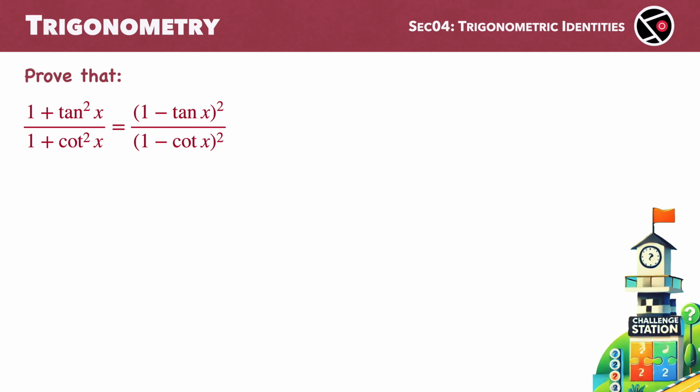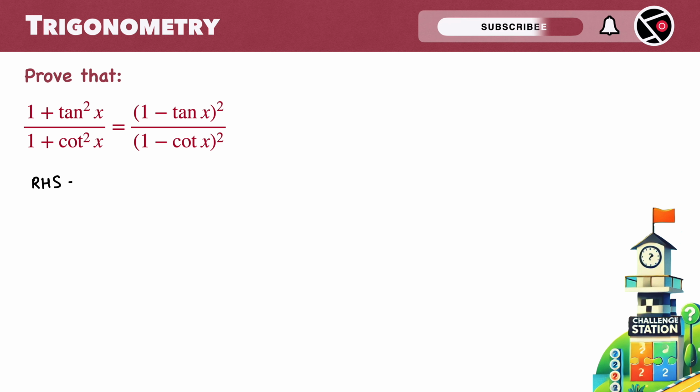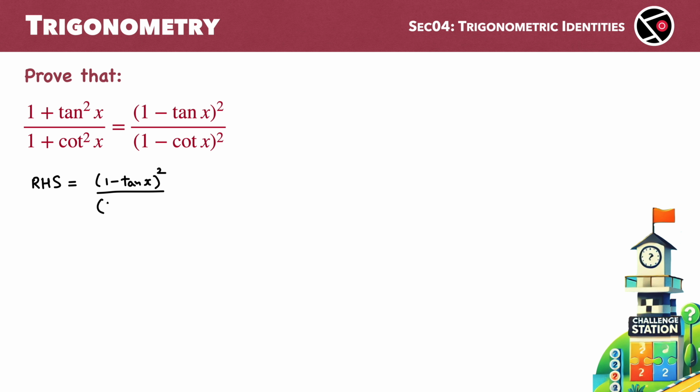This time, let's start with the right hand side. 1 minus tan x whole square divided by 1 minus cot x whole square. Now, a minus b whole square is a square plus b square minus 2ab. So applying that here, the numerator becomes 1 plus tan square x minus 2 tan x.